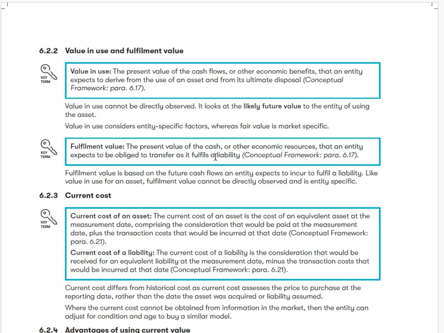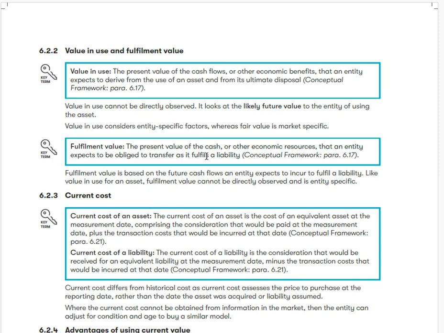Fulfillment value is the present value of the cash or other economic resources that an entity expects to be obliged to transfer as it fulfills a liability. For example, if you are taking a lease, the lease payments over a 5-year term or 6-year term, the present value of the lease payments will be the fulfillment value.